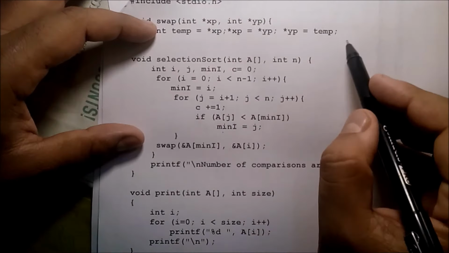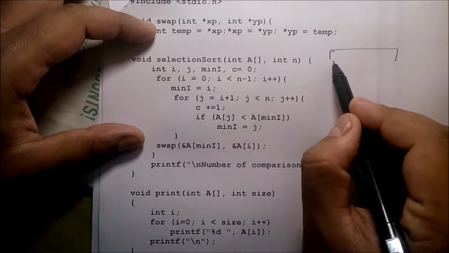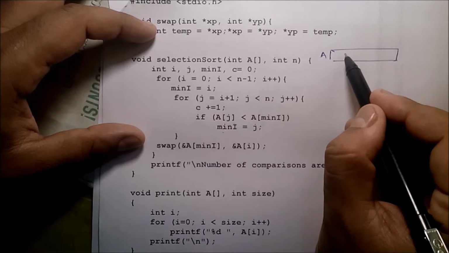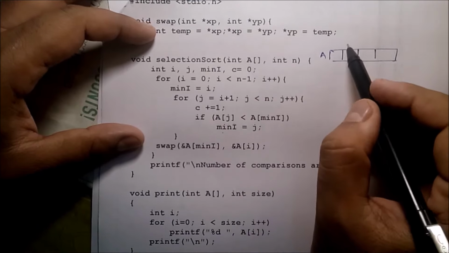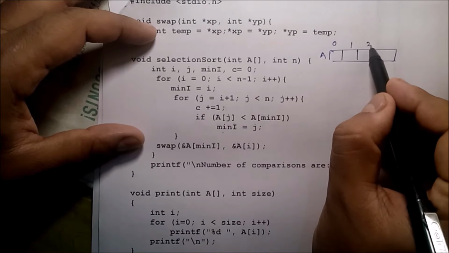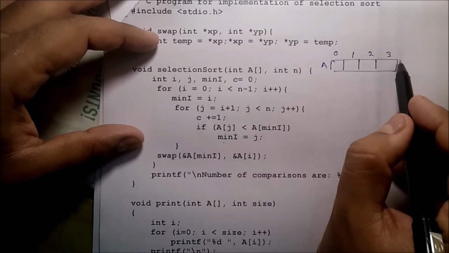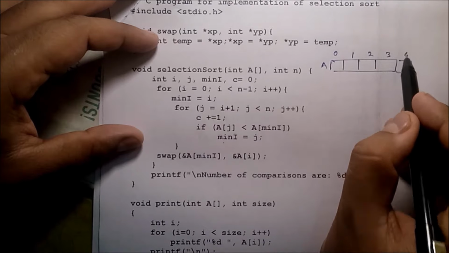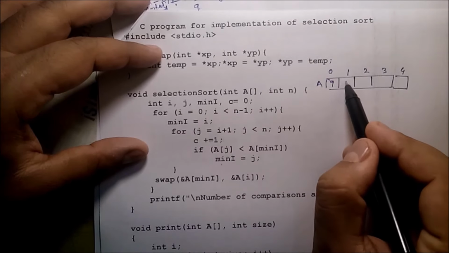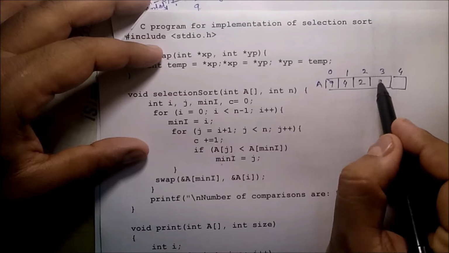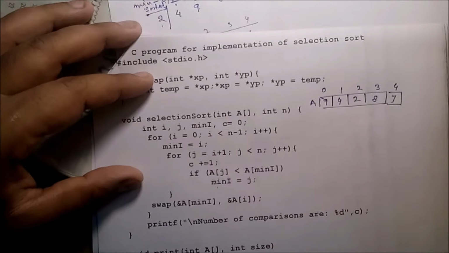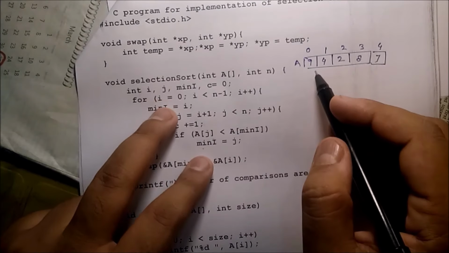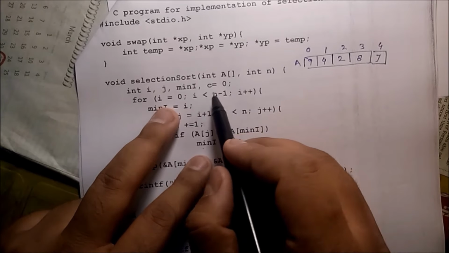Okay, so the print part and the selection sort. Now you can see here the array starting from 0, 1, 2, 3 and 4. The data are 9, 4, 2, 8, 7. First time, kindly ignore this C value.